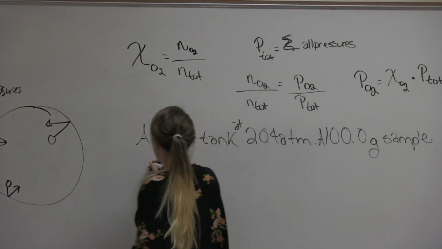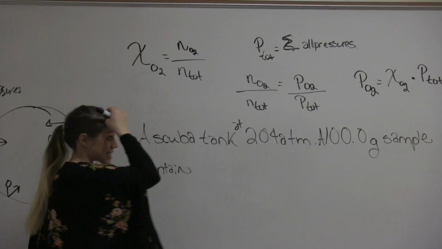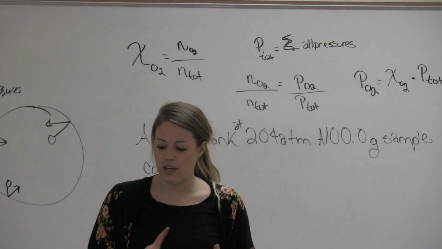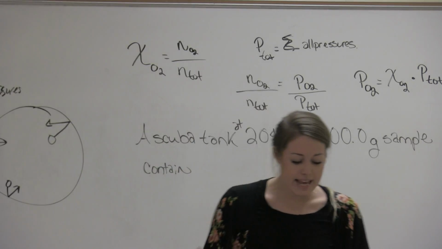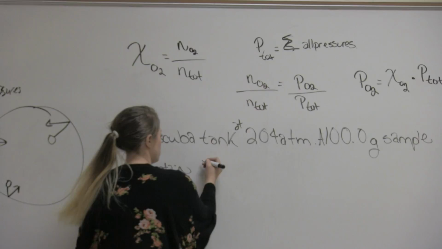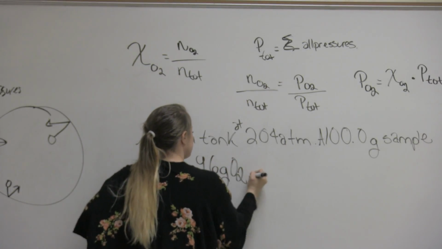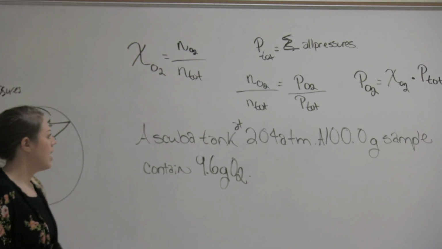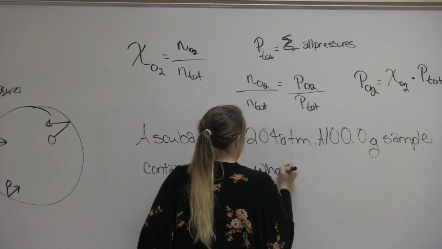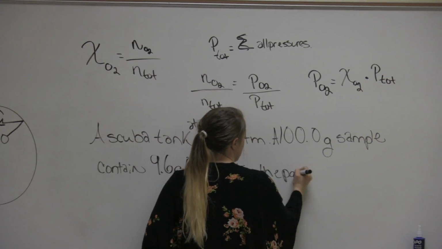So in this sample, we're going to be looking at two gases in this scuba tank. We're going to be looking at oxygen, and we're going to be looking at nitrogen. So let's say that I give you that 9.6 grams of this is oxygen. So we have 9.6 grams of O2. Okay, and we want to know what is the partial pressure of oxygen.